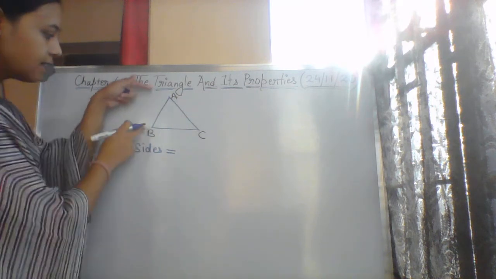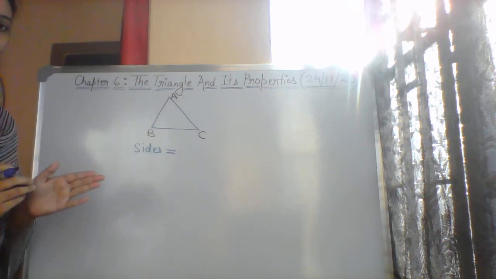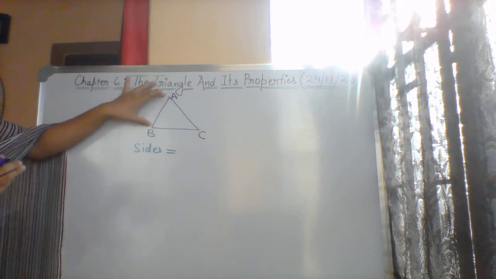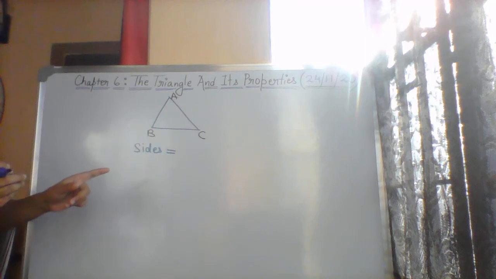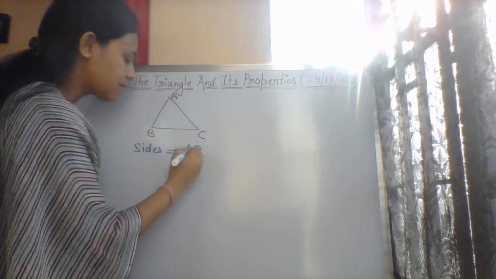We can easily see we have 2 endpoints, so these are not lines. It is a part of a line having 2 endpoints, so we name that a line segment. So AB is one line segment.